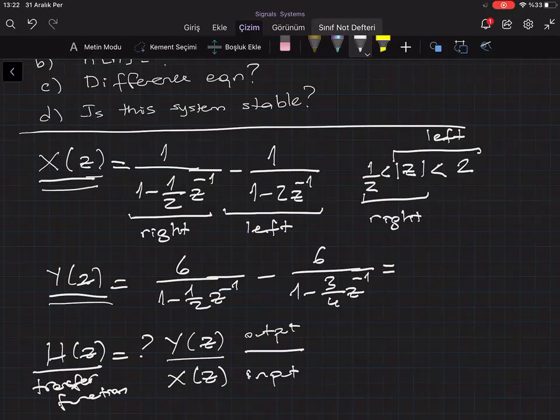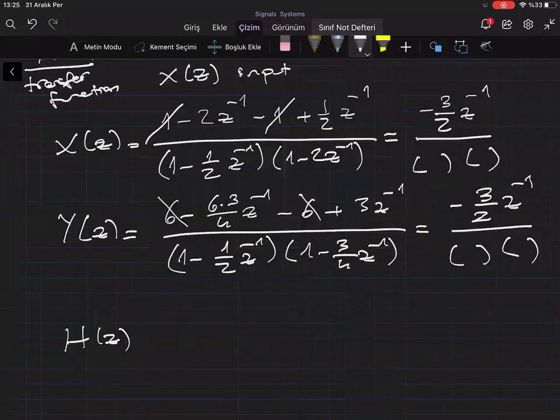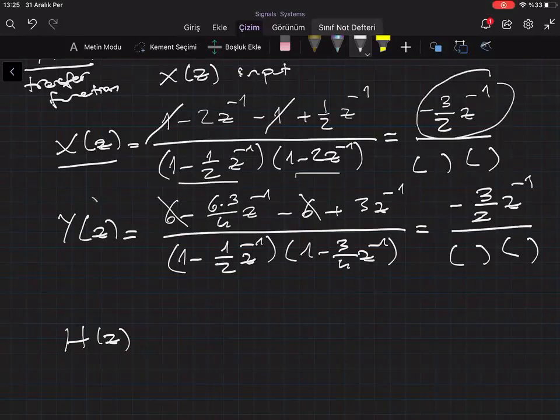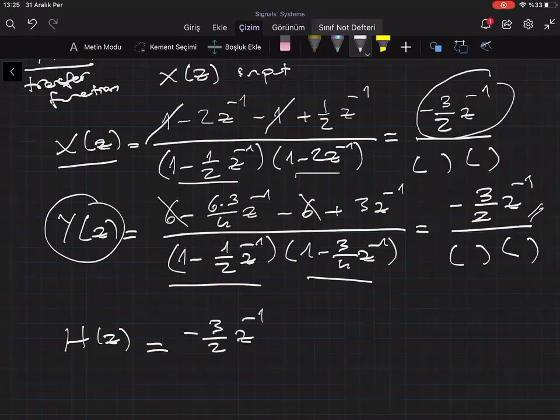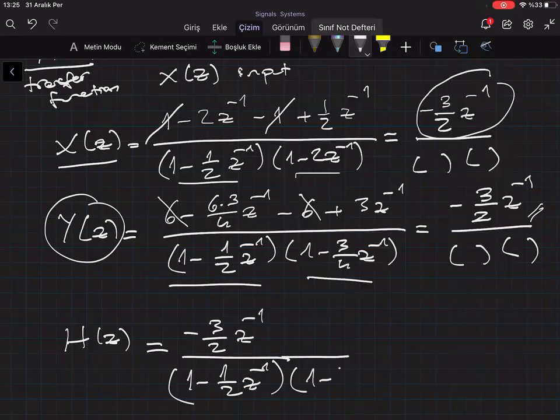Okay, now calculate a little bit more on X of Z and Y of Z and find H of Z in 3 minutes. So X of Z is this, right? This divided by this and that. Y of Z is this divided by this and that. Now I'm going to write Y of Z first. Minus 3 over 2 Z to the power minus 1 divided by 1 minus 1 over 2 Z to the power minus 1 times 1 minus 3 over 4 Z to the power minus 1, times the reverse of X of Z, right?